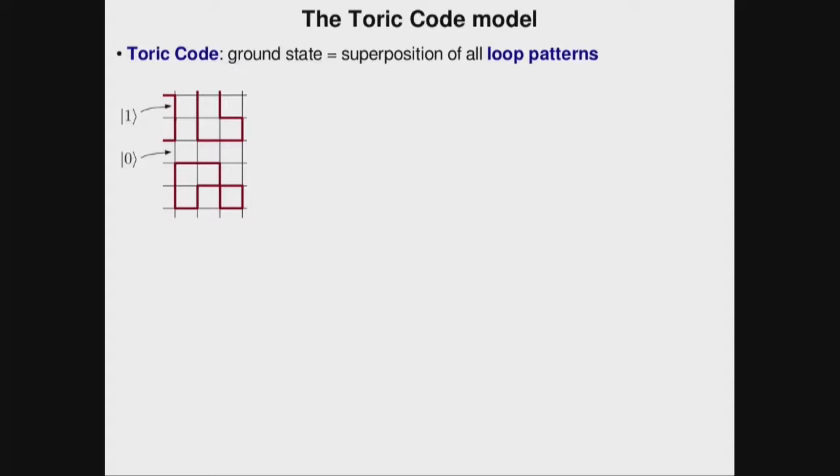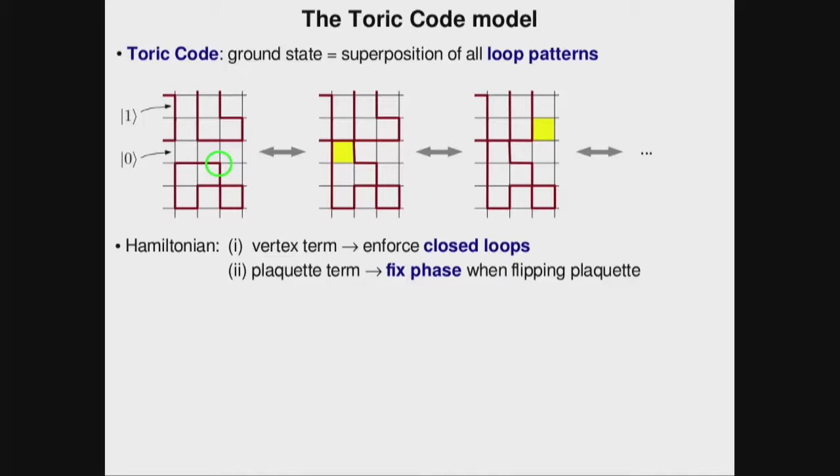So I won't write the Hamiltonian, but to convince you this is possible, we want two kinds of terms in the Hamiltonian. One should make sure that loops are closed, so it should make sure that there's always an even number of ones around each vertex. So it's a term acting around the vertex. And then we want terms which ensure that we have the same phase. So these should be terms which take a plaquette, like this one, and flip it. Flipping the plaquette means that I take this loop here and move it like that.